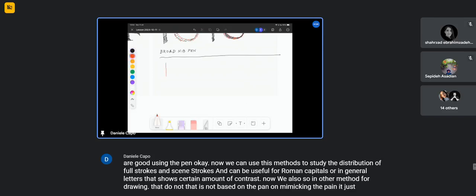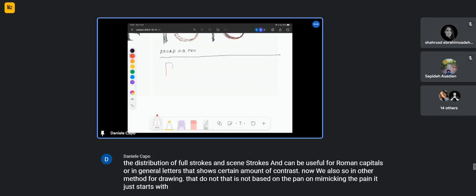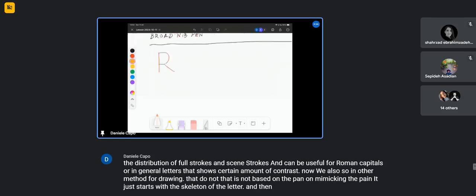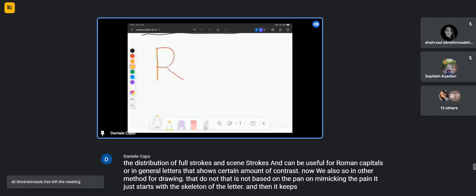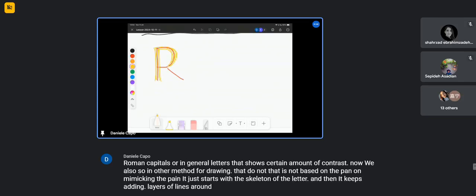It just starts with the skeleton of the letter, and then it keeps adding layers of lines around the skeleton.